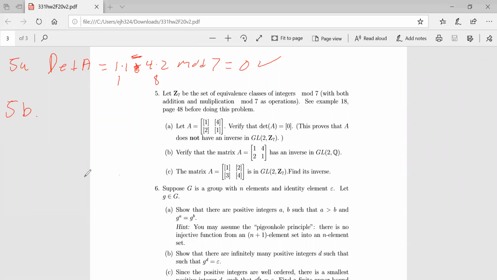Okay, so yeah, the general linear group is the set of matrices that have determinant 1. So they are, in a sense, the matrices that preserve kind of size, right? So does this guy have an inverse in GL2Q?